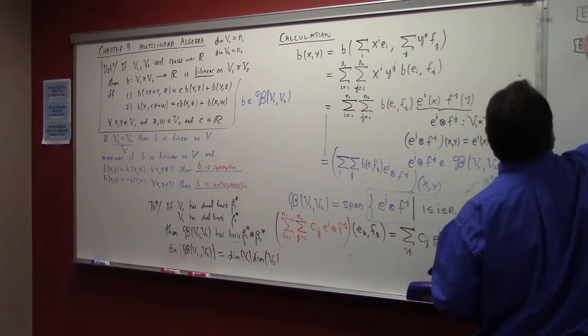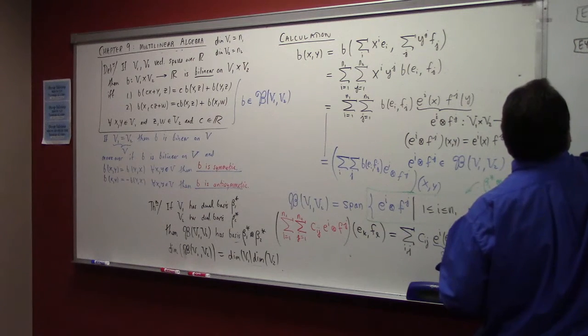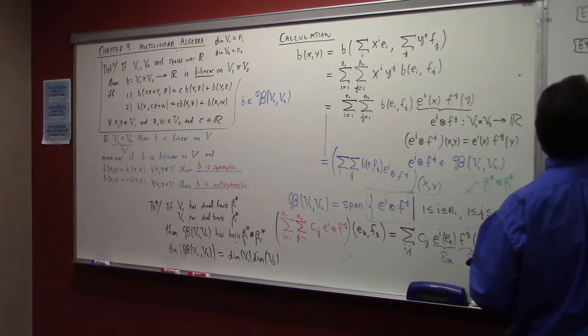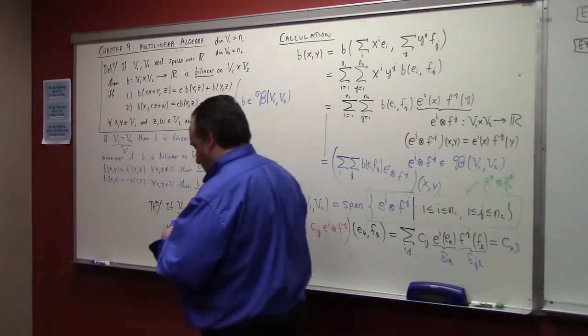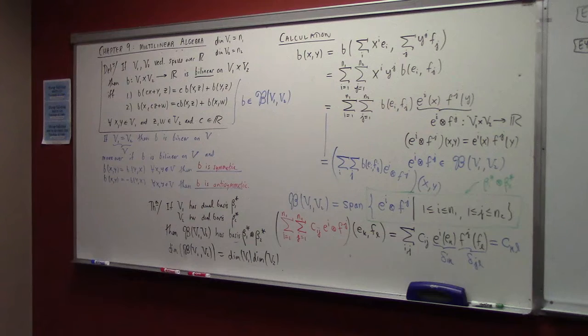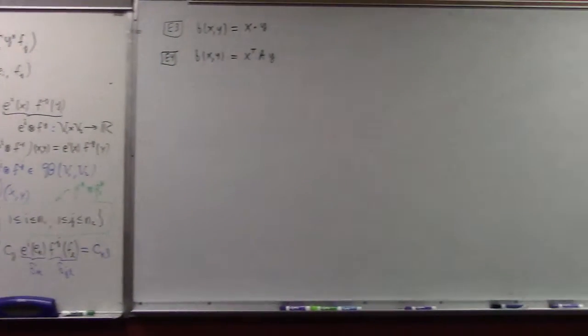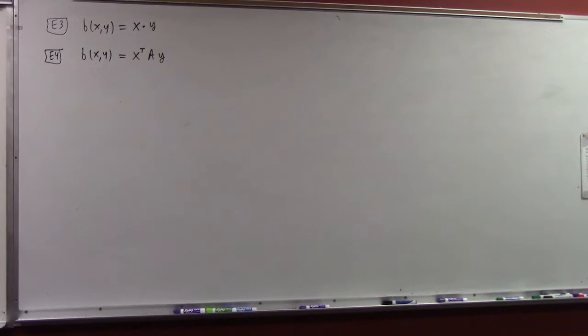Example 4 is b of x comma y equals x transpose Ay. Now here, in both examples, x and y are elements of Rn. So I'm defining a bilinear form on Rn. All right? A bilinear form on Rn.